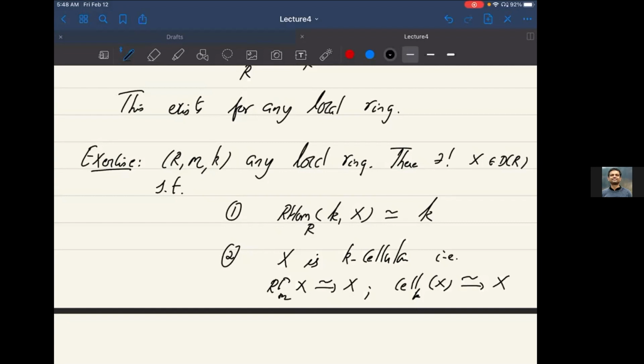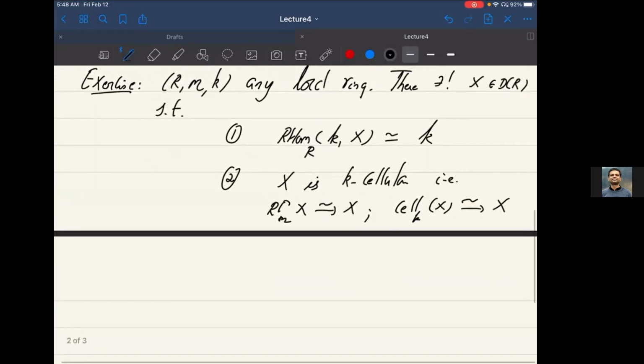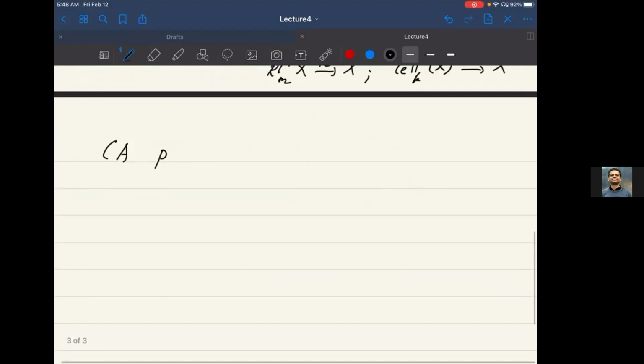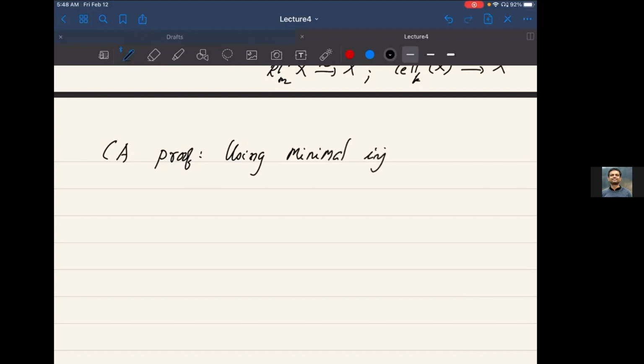This is an exercise you can do, and if you're a commutative algebraist, a proof would go through minimal injective resolutions. It's a fun proof and it's worth doing.